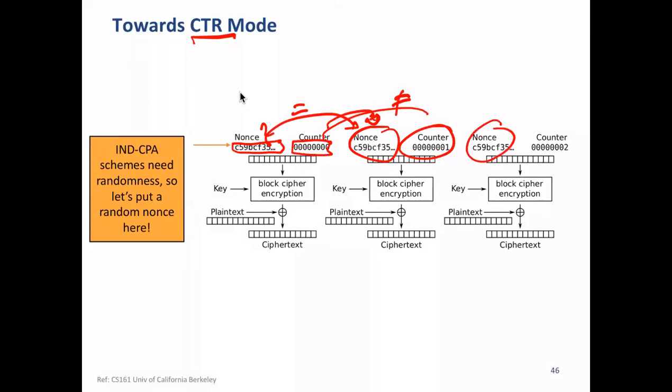We use the same nonce and change the counter to 2. Now take this input and encrypt it with the key, and you get some output. This output will have some randomization because the counter value is changing, so basically we are changing the pattern. Then we exclusive OR with the plaintext and get the ciphertext.